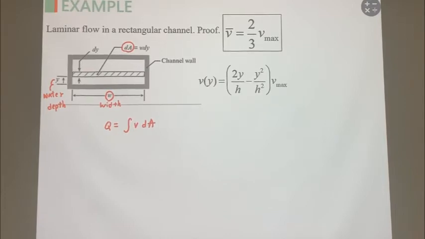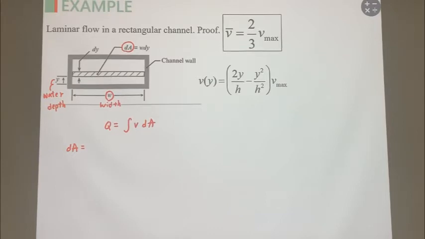But here I don't use the dot product, because we assume the flow direction is always parallel to the normal vector of the cross-section area. So I don't use the dot product here because they are always parallel in the same direction. If we know the dA, what is dA? dA is the small cross-section area.